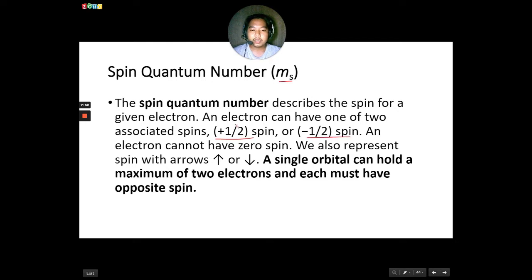When spinning upwards, we indicate it using positive 1/2, or negative 1/2 for downwards, or an upward arrow and a downward arrow. Take note that they also discovered that a single orbital can hold a maximum of 2 electrons and each must have an opposite spin. So, we will now use the idea of the spin quantum numbers.